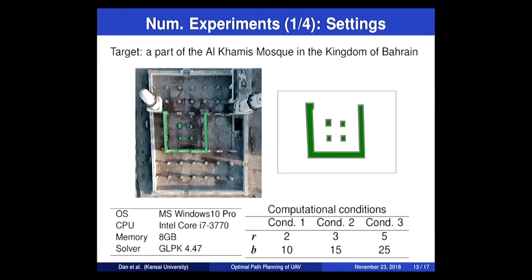Okay, from here, I want to explain some results of our numerical experiments. First, I want to explain the settings. The target is a part of Al-Khamis Mosque in the Kingdom of Bahrain. This is a bird's eye view of the target area, and we choose some walls and some pillars, and we extract the outer shape of them, and we make this figure first.